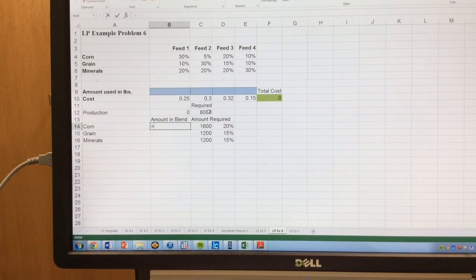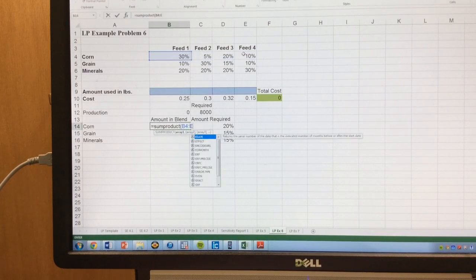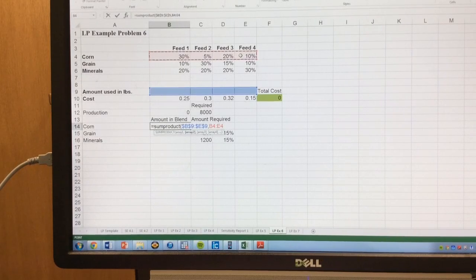Well, the amount in the blend is equal to the sum product of the x's that I use. I'm going to anchor that, times the amount that is in each feed. So let's highlight those, anchor it, comma, the amount that's in each feed. Okay, so that's what we get there.